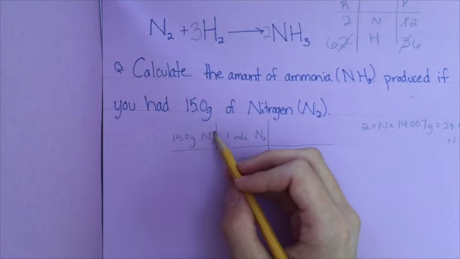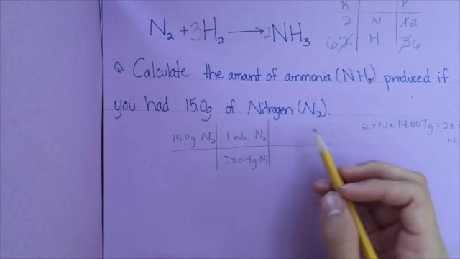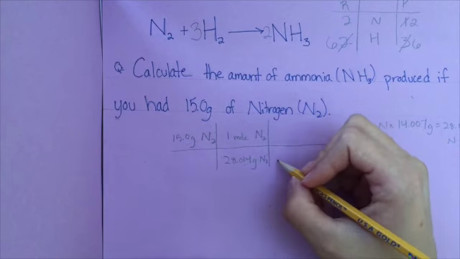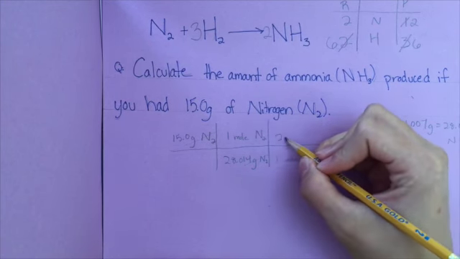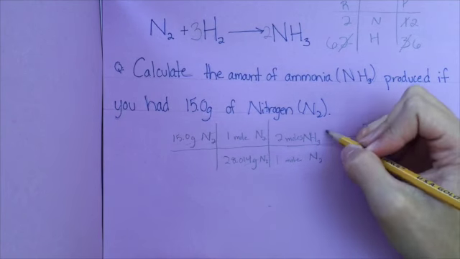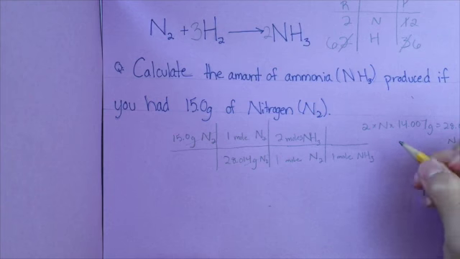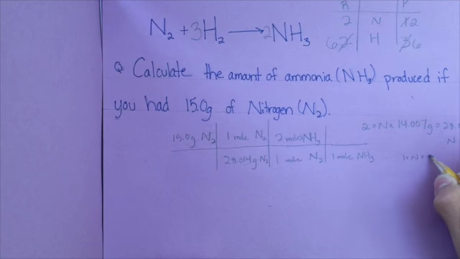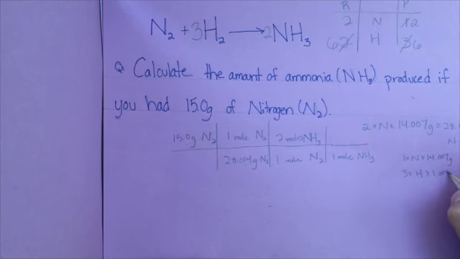Now, you have eliminated the grams unit on these 2 sides. But now, since the question calls for the amount of ammonia, the answer would be in grams. So you would have to convert moles of nitrogen into moles of ammonia. And how you would do so is, since you have 1 mole of nitrogen and 2 moles of ammonia in your equation, that's how you would set it up. And in 1 mole of ammonia, you would have N and 3 times H times 1.008 grams.